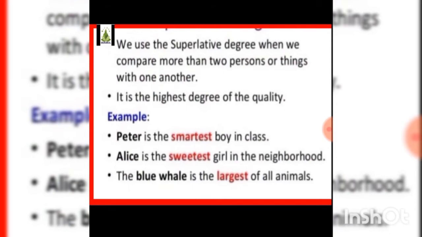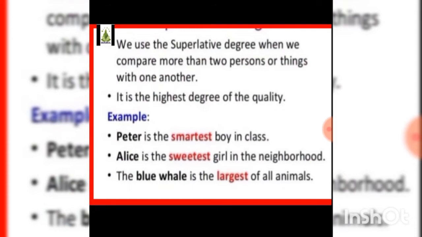Okay. Now here you can see the examples in the slide, children. The first one, Peter is the smartest boy in class. Alice is the sweetest girl in the neighborhood. The blue whale is the largest of all animals.